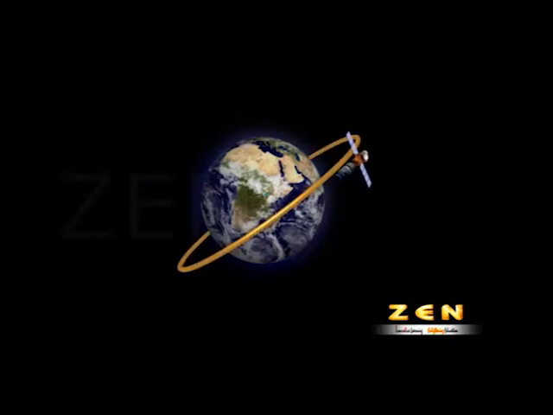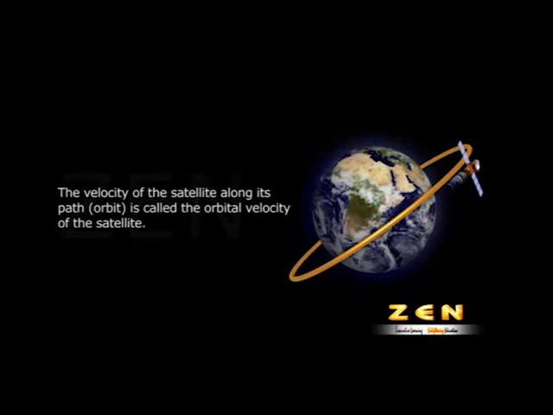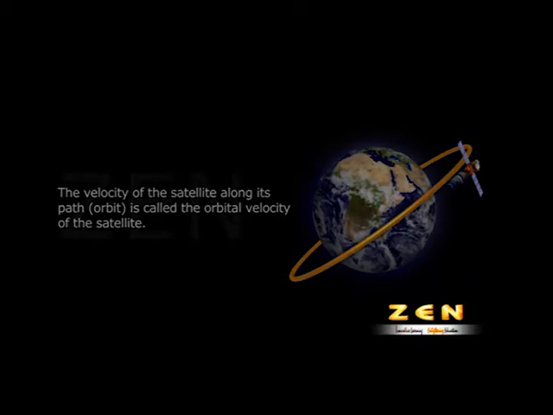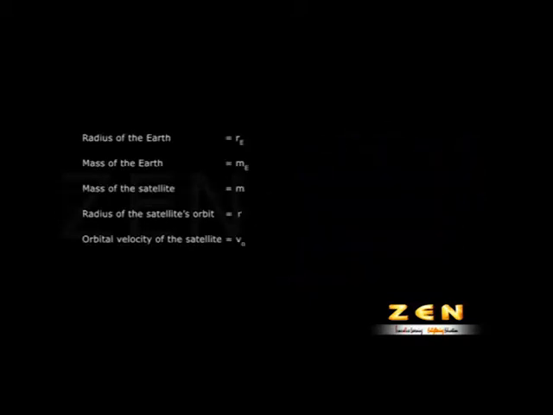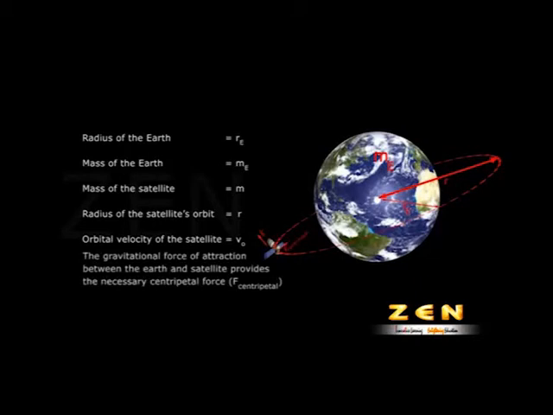A satellite of mass m revolves around the Earth in an orbit of radius r. The radius of the Earth is R_e, while its mass is M_e. The orbital velocity of the satellite is v_o.